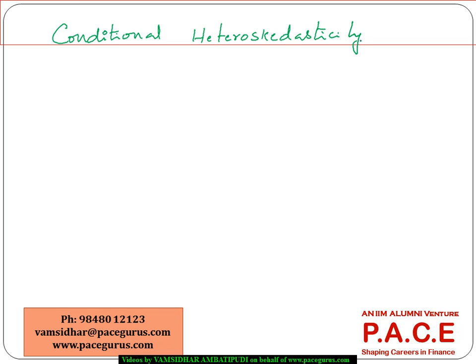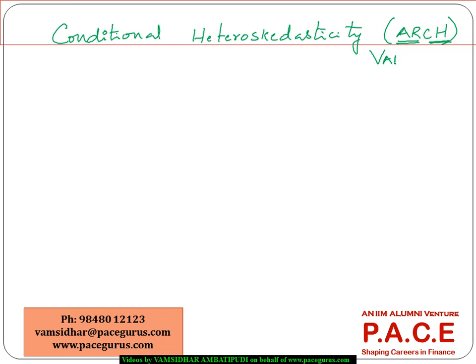And how do I take it as part of an autoregressive conditional heteroscedastic kind of model? These are models which use autoregression as well as conditional heteroscedasticity behavior to predict the variances.